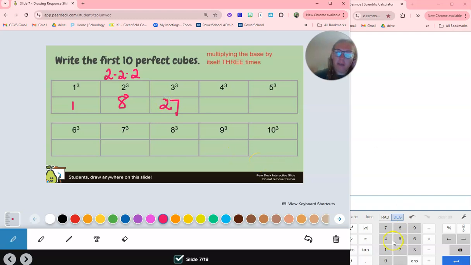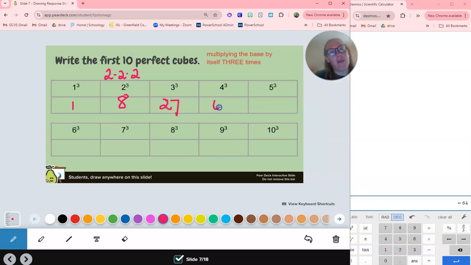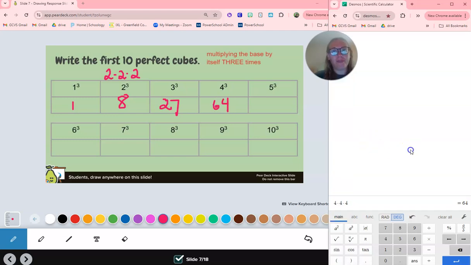4 cubed is 4 times 4 times 4, and we can type that into a calculator as 4 times 4 times 4, and we would get 64. We could also type it in with the exponent. So for 5 cubed, I raise 5 to the 3rd power.